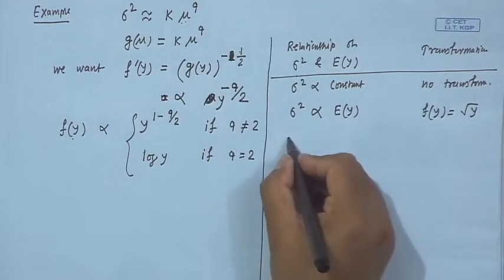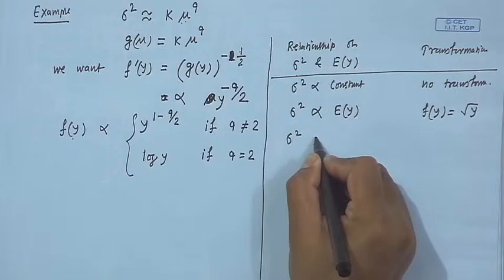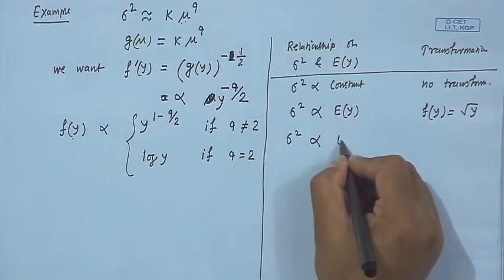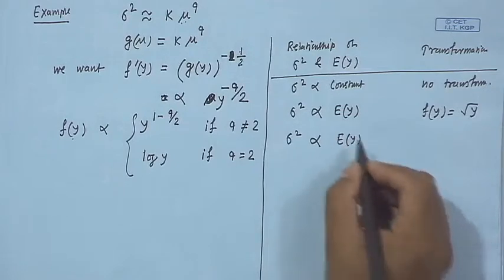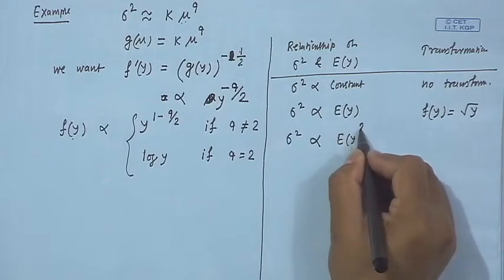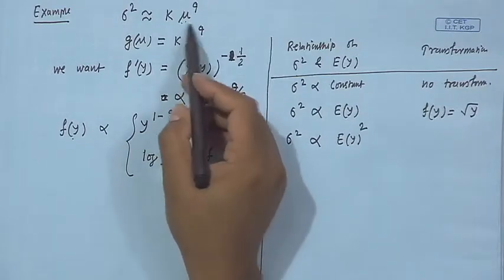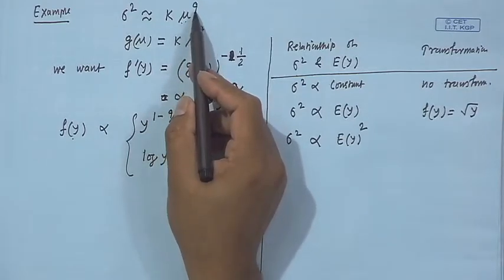Now, if sigma square is proportional to expectation of y square, then q is equal to 2 here.